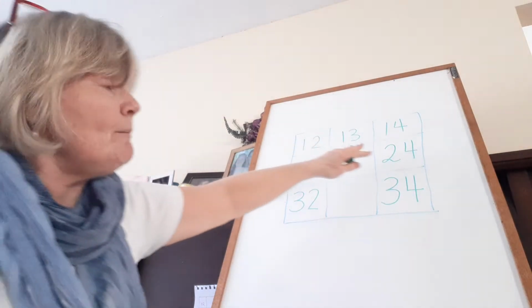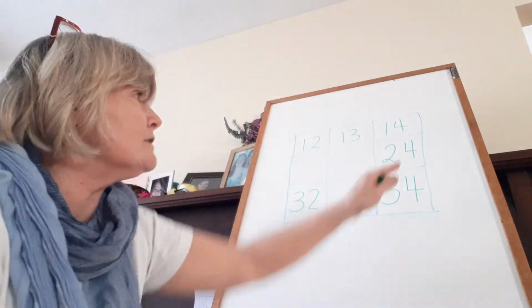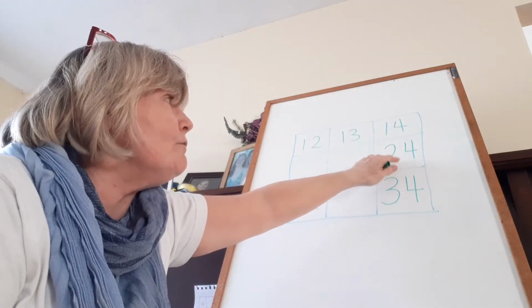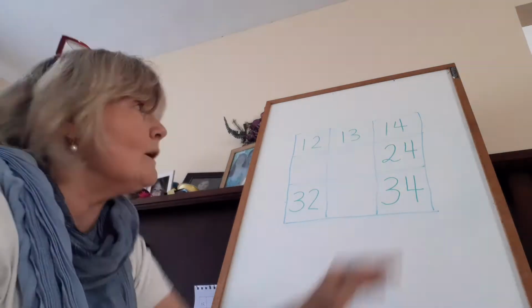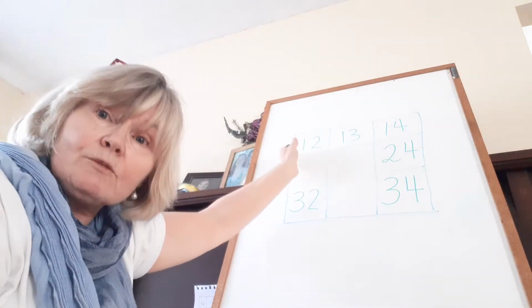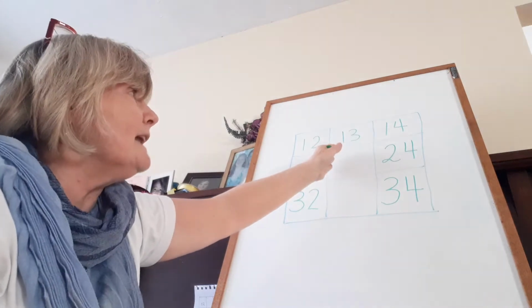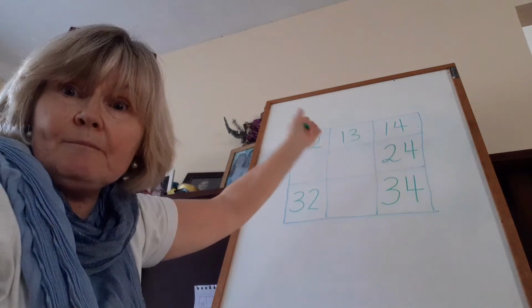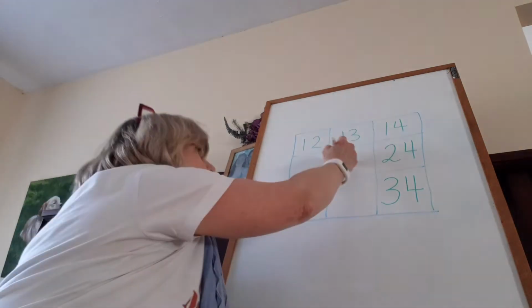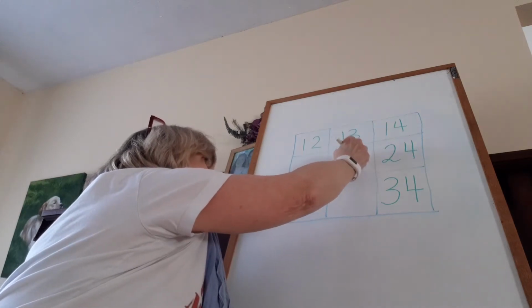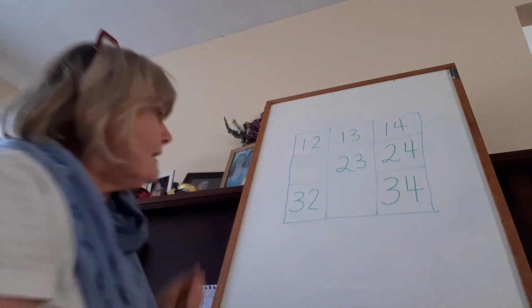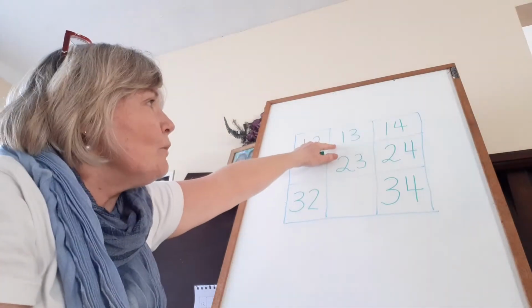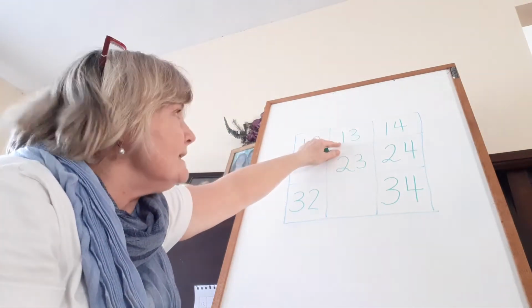So there's a couple of ways we could do this next row because we know that this number is 24. We could think, what's 1 less than 24 because we're going backwards. So 1 less than 24 would be 23. We can double check that because we can look up to the one above, which is 13.